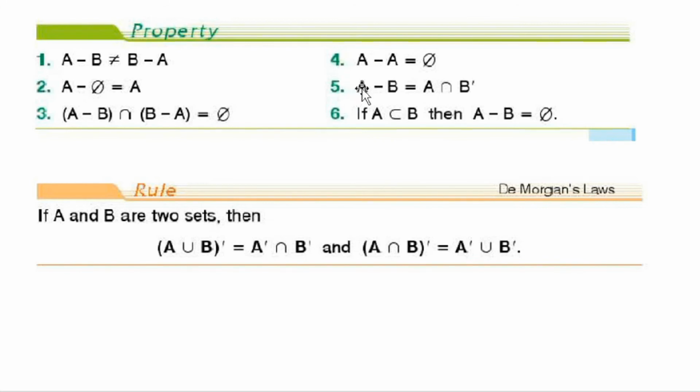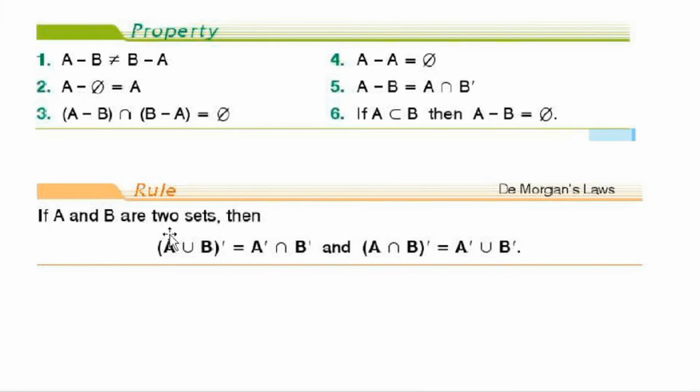Number 4, A difference A is empty. Number 5, A difference B is just equal to A intersection B complement. And number 6, if A is a subset of B, then A difference B equals empty.